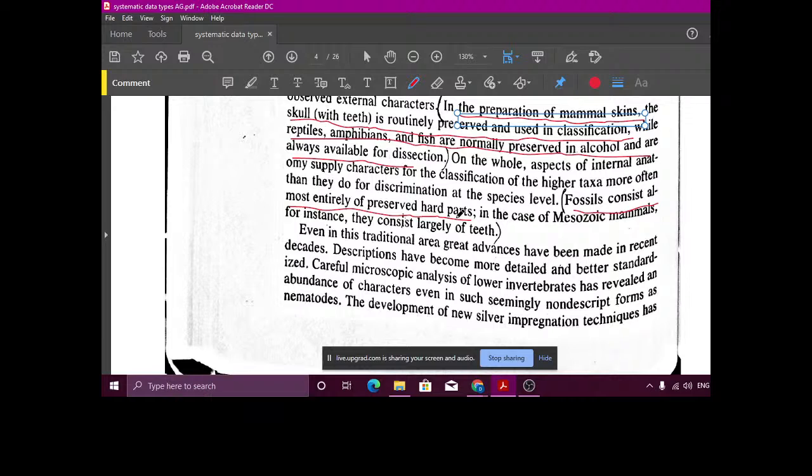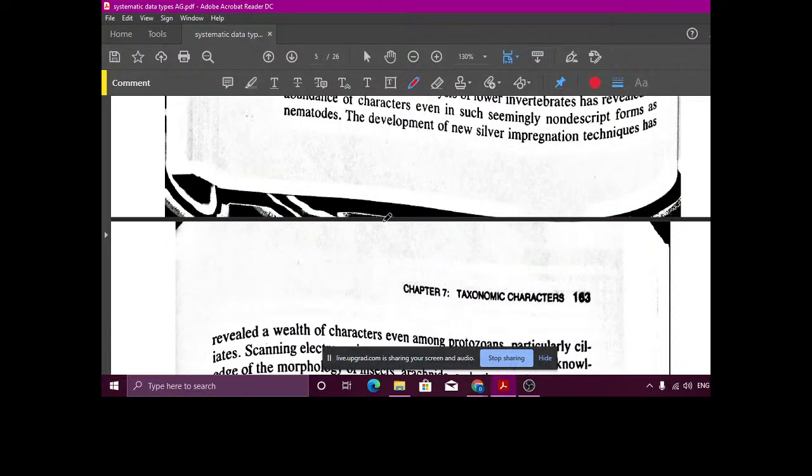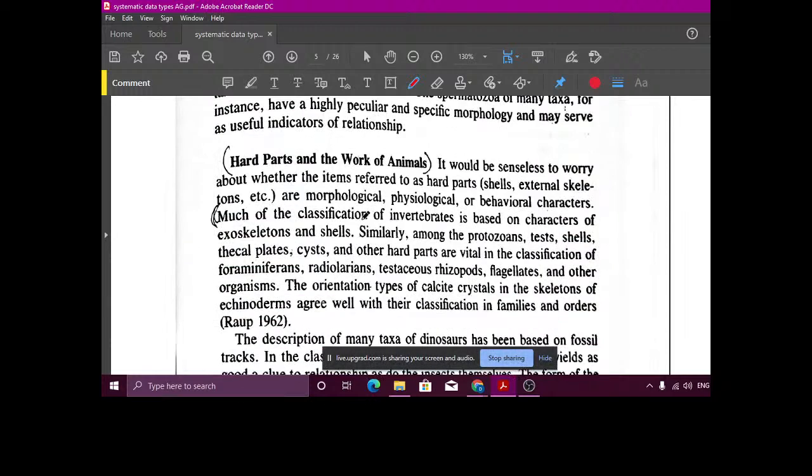So on the basis of the fossils you can also classify, and they consist of teeth. From the basis of teeth you can classify organisms. This type of teeth, they are order Carnivora. This type of teeth, they are herbivores. You can differentiate these species. So hard parts and the work of animals.